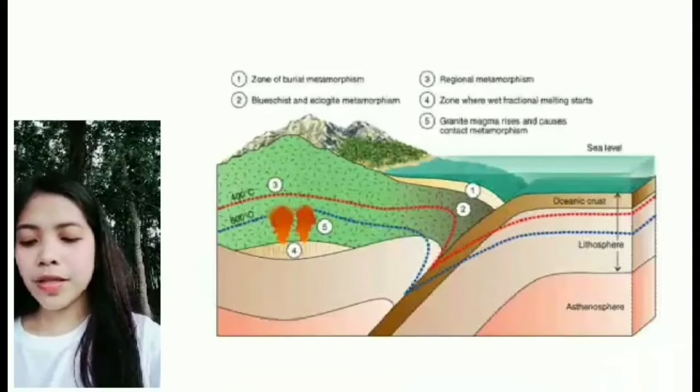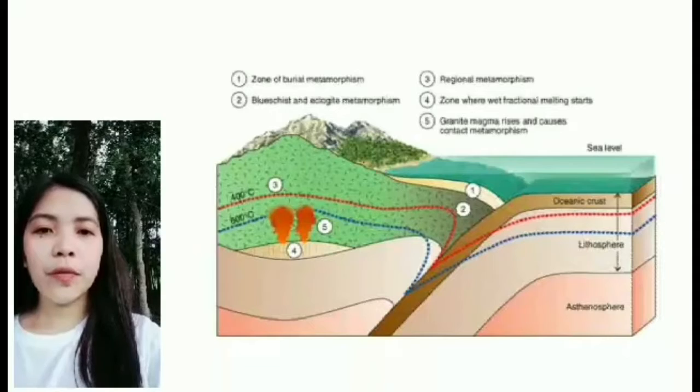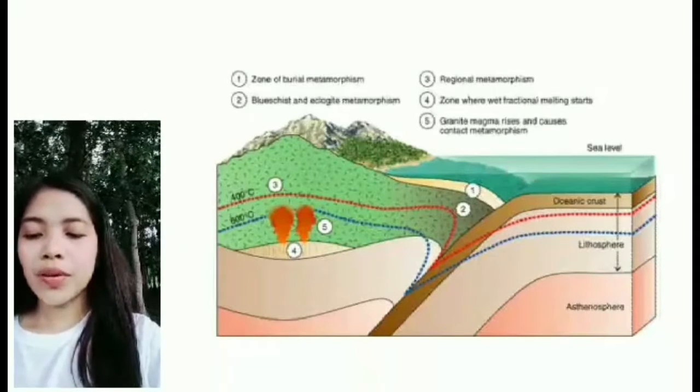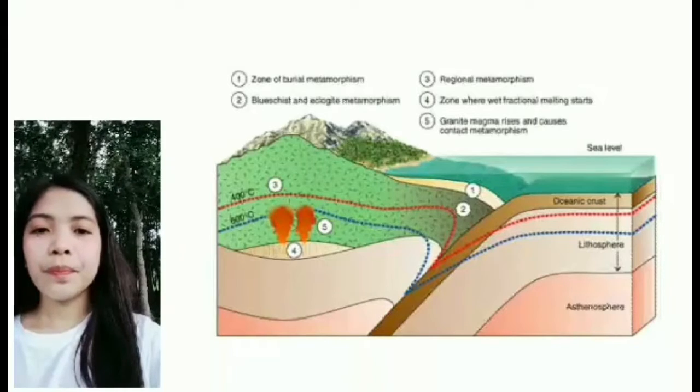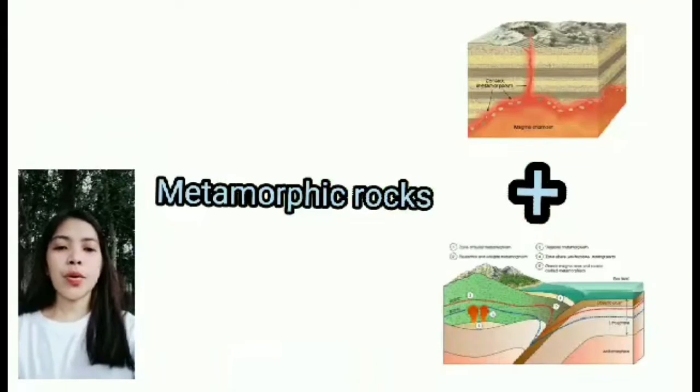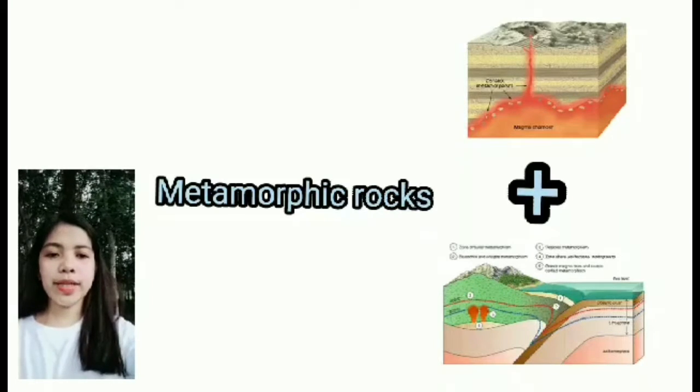In regional metamorphism, pressure presses and squeezes the rocks and transforms them into something new. So regional metamorphism is caused by extreme pressure. Metamorphic rocks form because of extreme heat and pressure. We have also learned that each type of rock has its own characteristics, its own way of forming, and its own way to be identified.